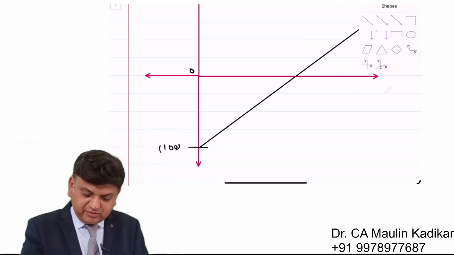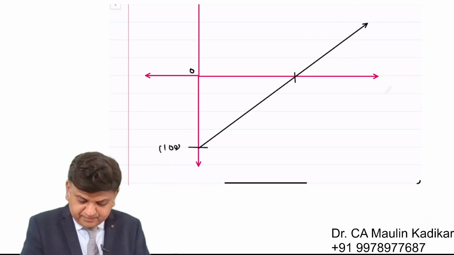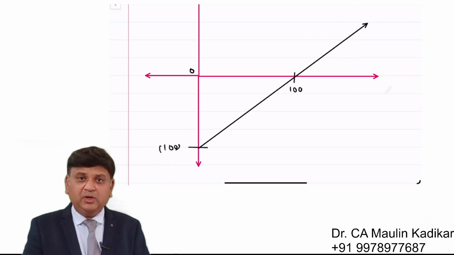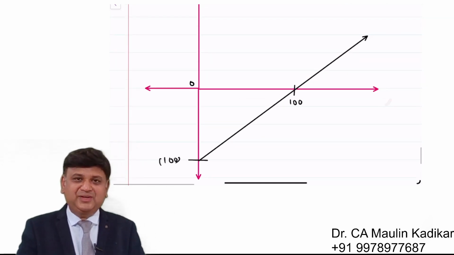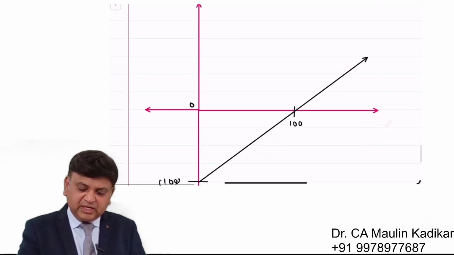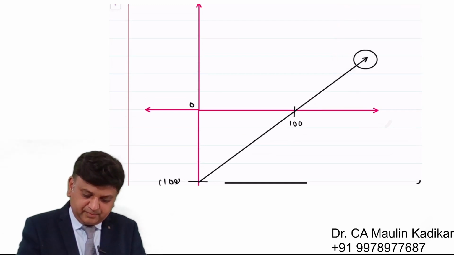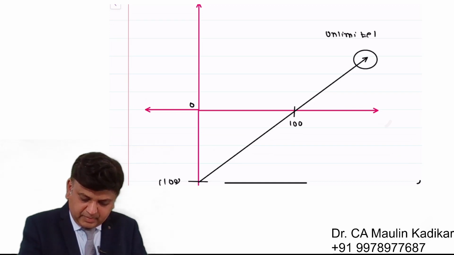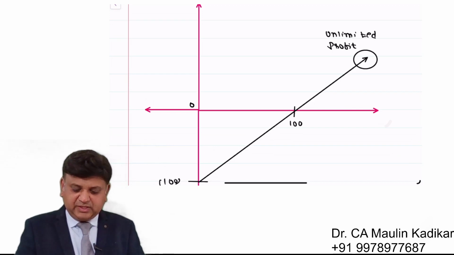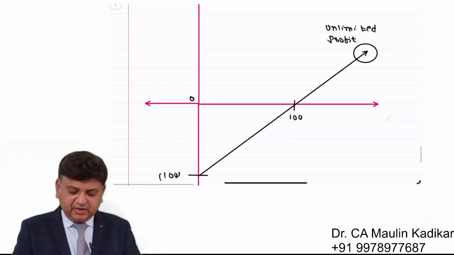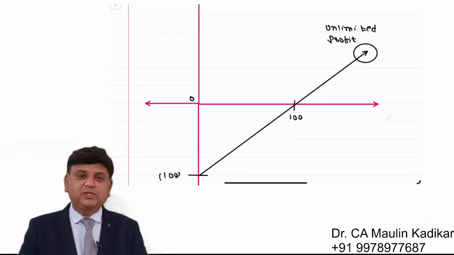There is a point at which you have a break-even point, that is at this point. Beyond 100, you start making a profit. And theoretically, there is a potential of unlimited profit. This is the way we can have a diagram for the forward buyer.